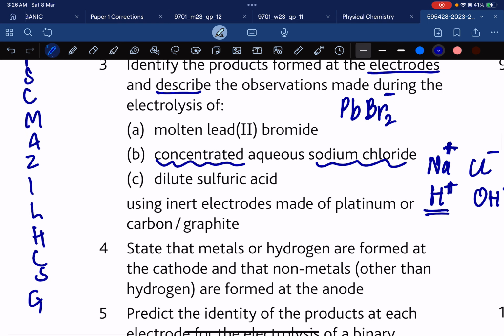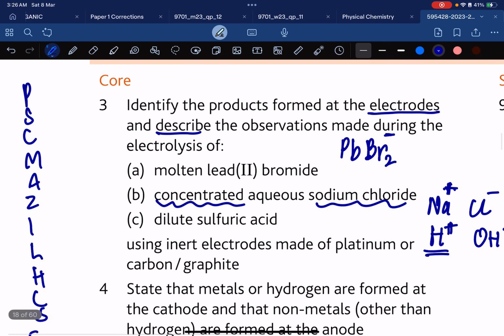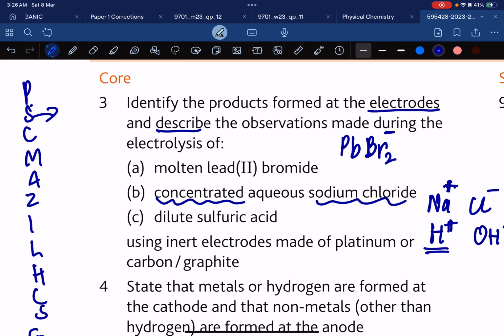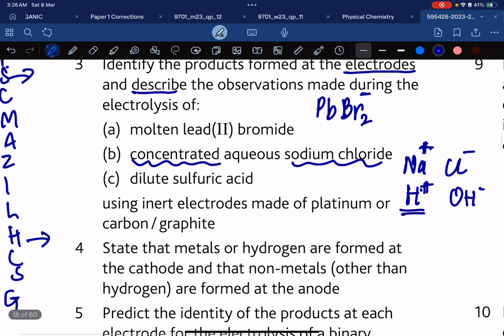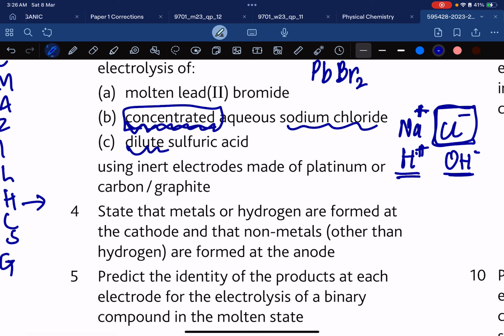If you don't know this one, you can check out my YouTube shorts, it's in one of them. So if I see where sodium is over here, hydrogen is over here. Since hydrogen is less reactive than sodium, this is what will go to the cathode. Now remember, whenever they say concentrated, that means that always the Cl will go, the OH will never go. And whenever they say dilute, we don't care about what is here, it's always the OH that will go. So just remember these two tricks.